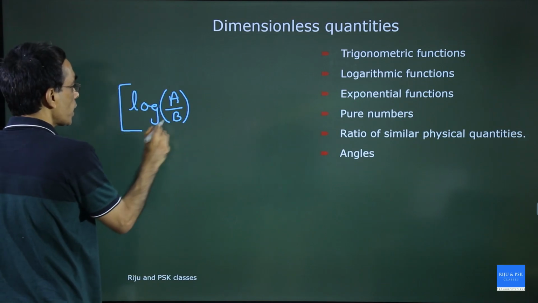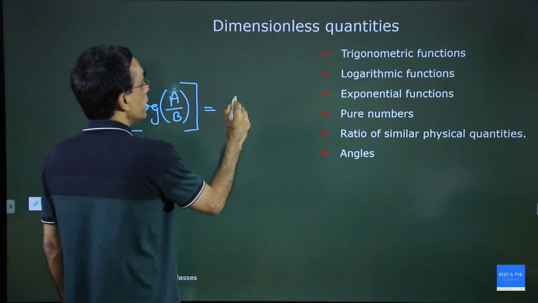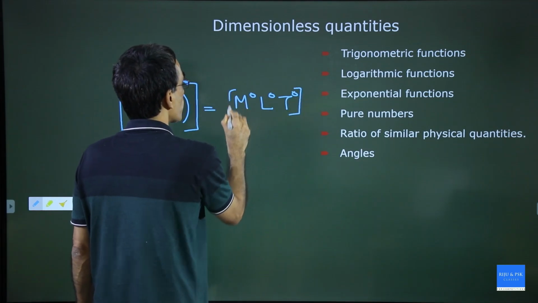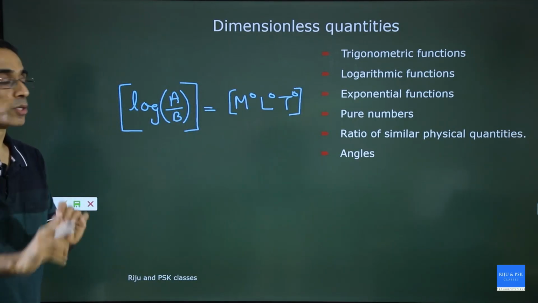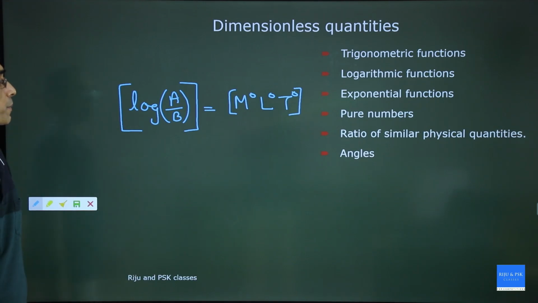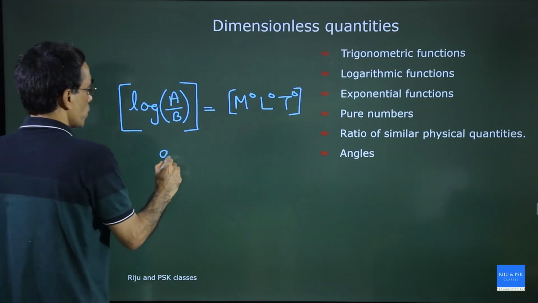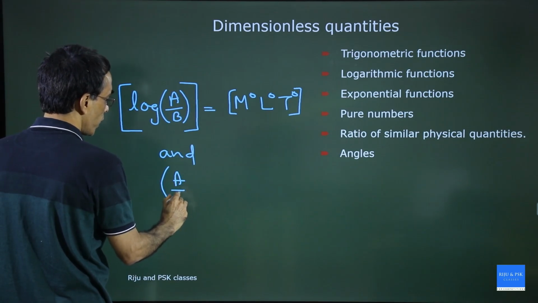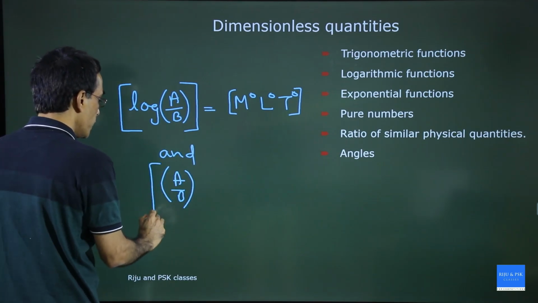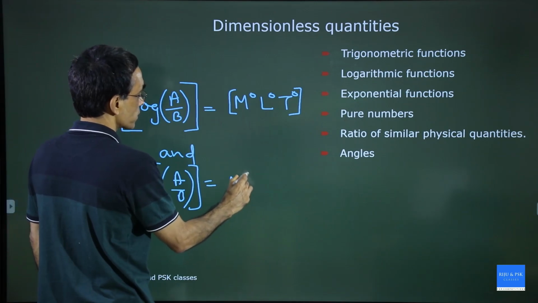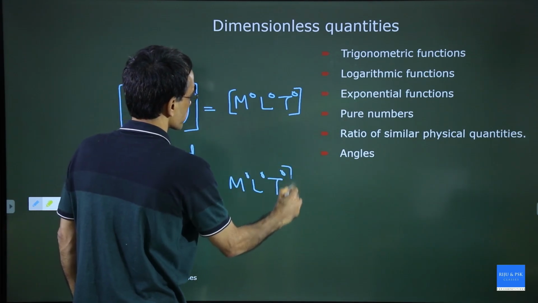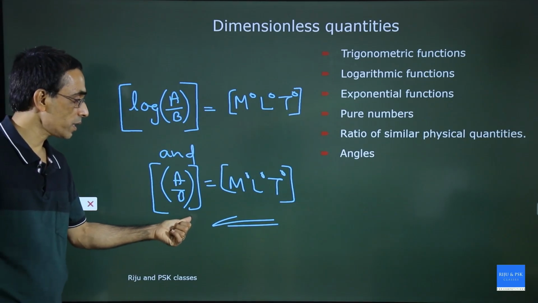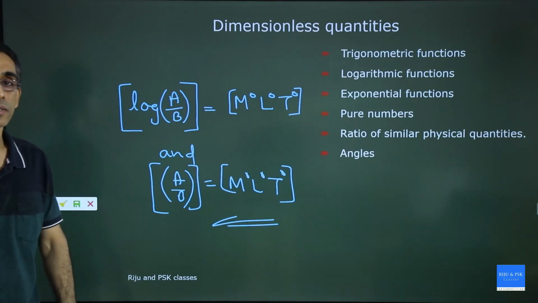Then the dimensional formula of log of a by b is M0 L0 T0. This is only like a number. You can take it to be 1. Also, this a by b, whatever comes after the logarithm, is again dimensionless. So the whole function is dimensionless.